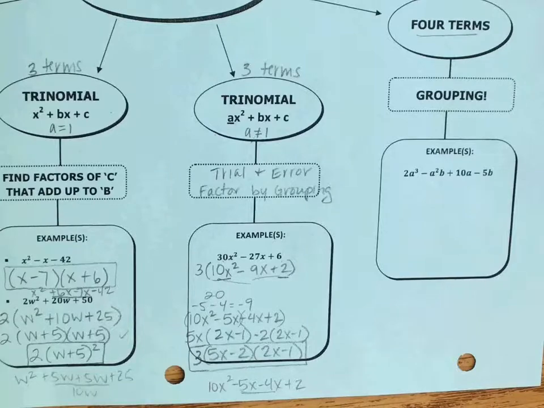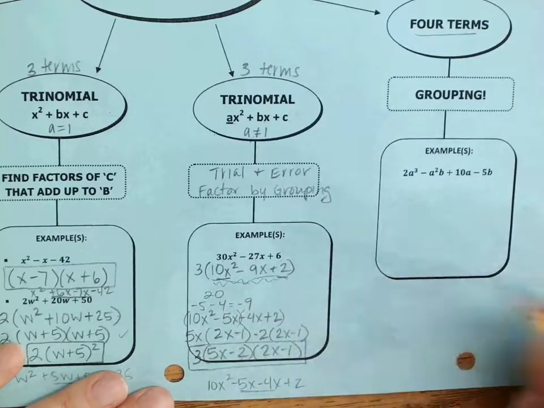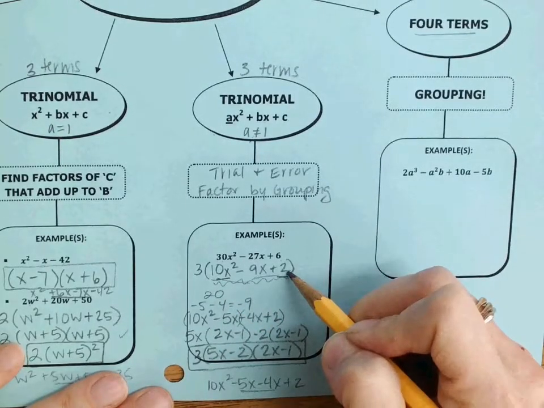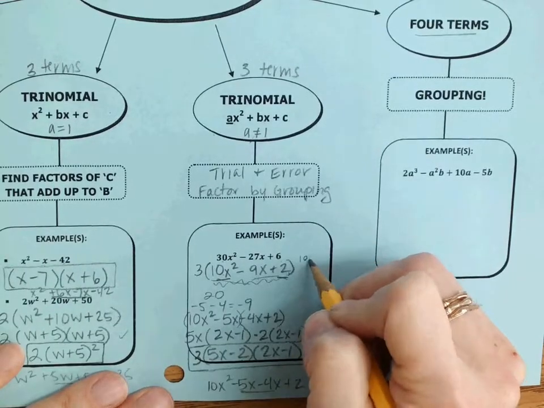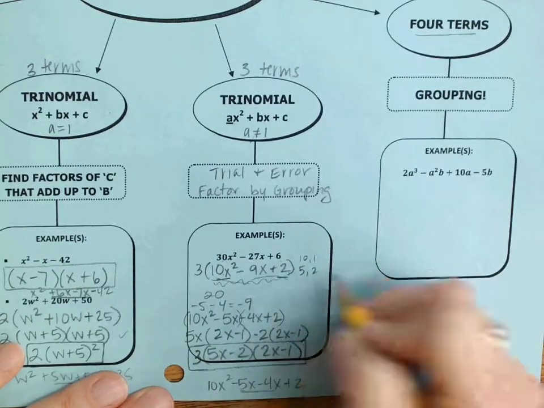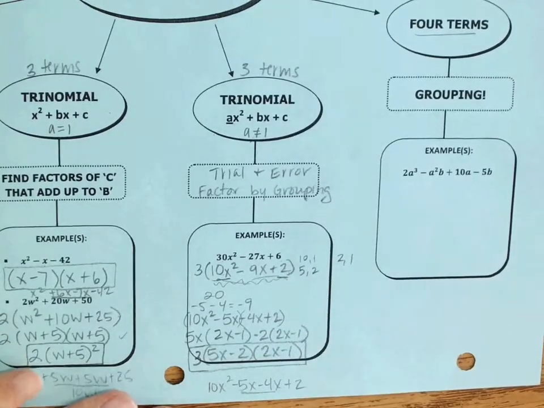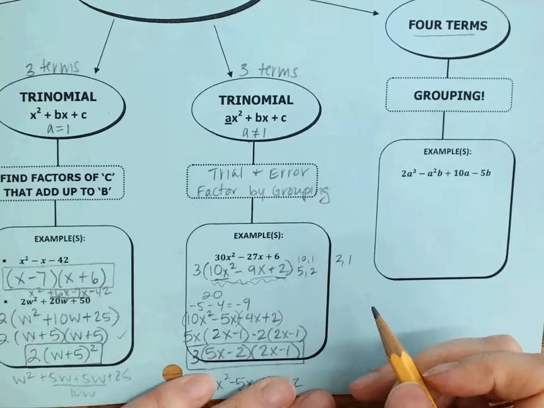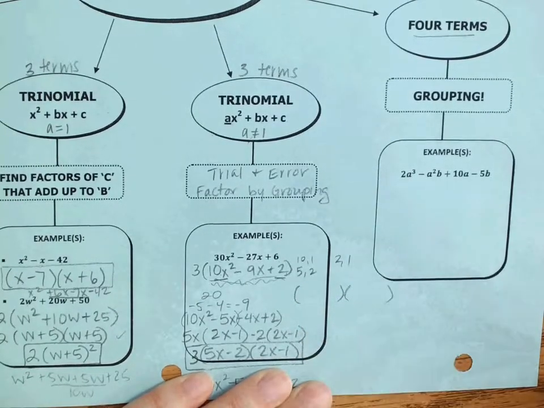All right, I said I'm also going to do this with trial and error. With trial and error, remember, we're going to use what has been factored. So what's kind of nice is, my factors for 10 are 10 and 1, 5 and 2. Now my factors for C are just 2 and 1. So when I make that skeleton binomial, I'm going to go ahead and put that in right over here.